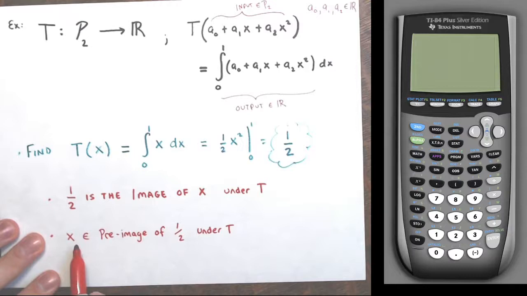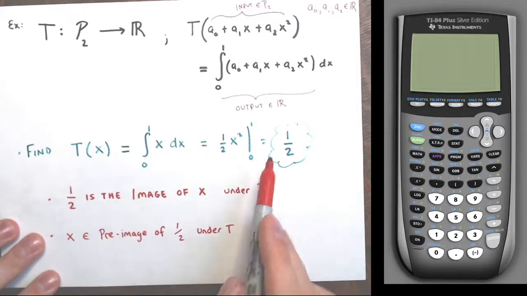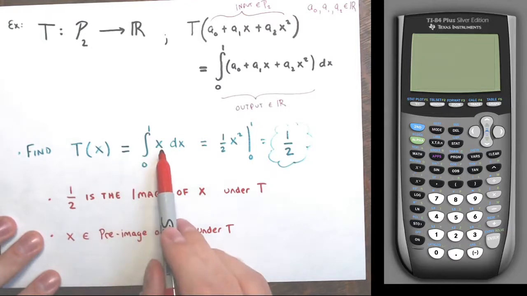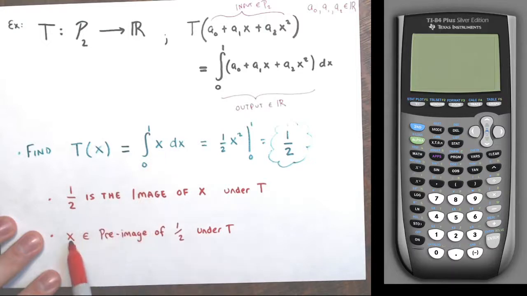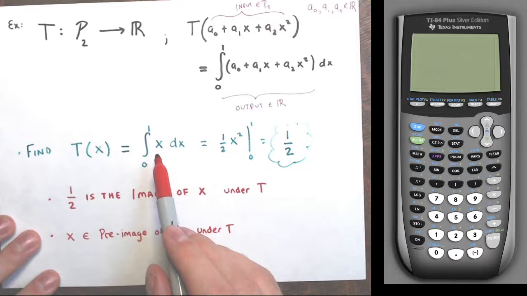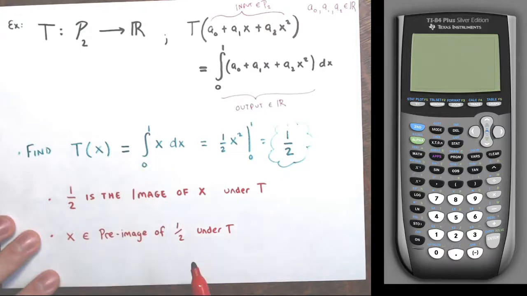Now remember, this isn't the only polynomial whose integral from 0 to 1 would be a half. There are plenty of other polynomials of degree 2 or less that, when you integrate from 0 to 1, would give you a half. So this is just one element of the pre-image of a half. The polynomial 1/2 would also be in the pre-image of 1/2.